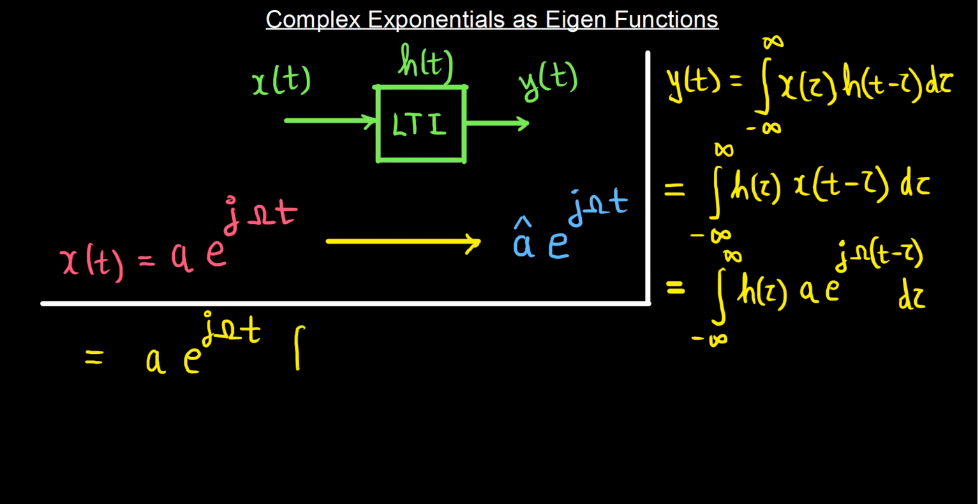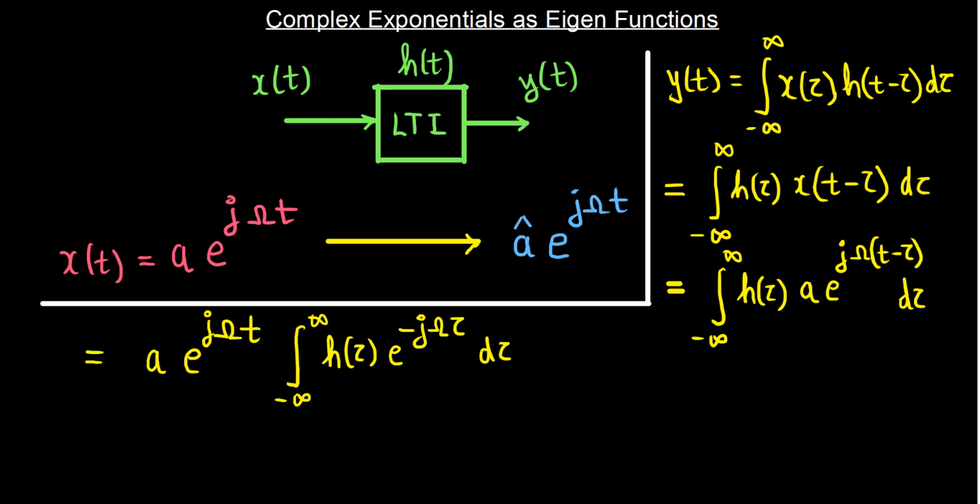What we are left with is integration minus infinity to infinity h of tau e to the power minus j omega tau d tau.